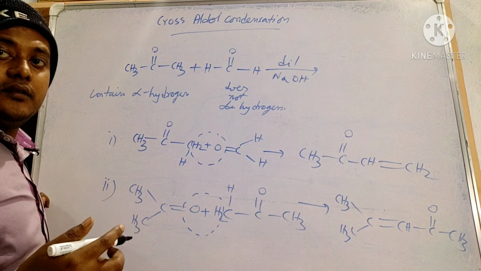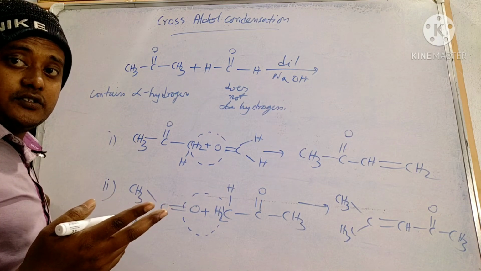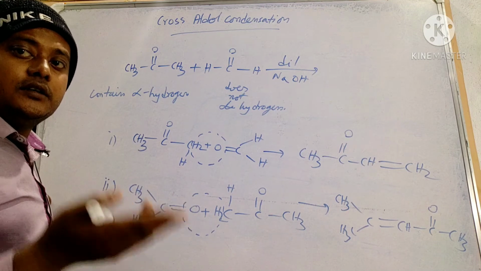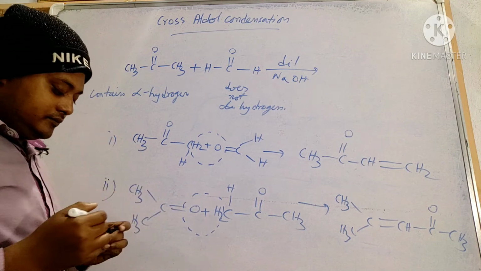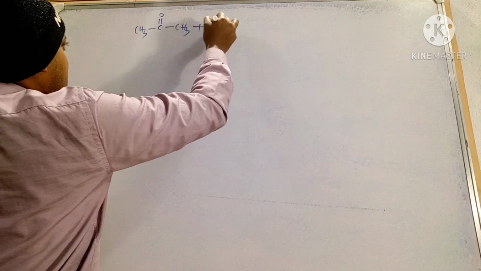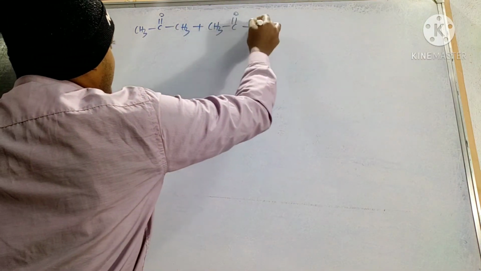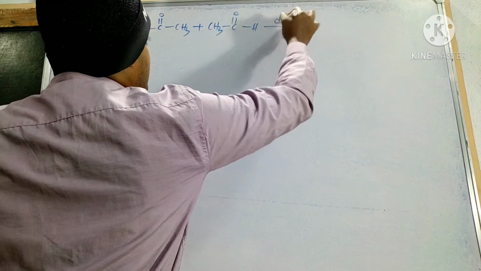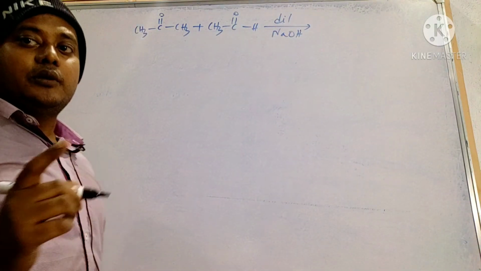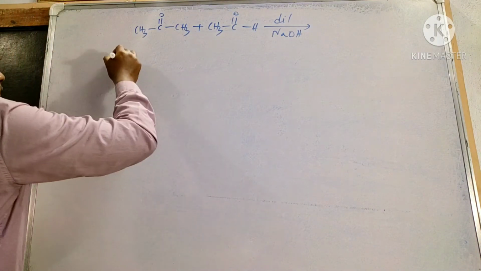Next example, when both contain alpha hydrogen, then total 4 products, 2 cross products, 2 self products. Acetone plus acetaldehyde, dilute NaOH. In this case both contain alpha hydrogen, so you will get a total of 4 products.